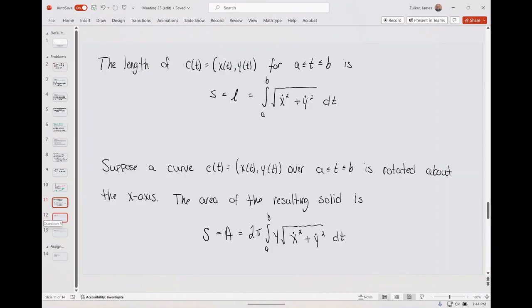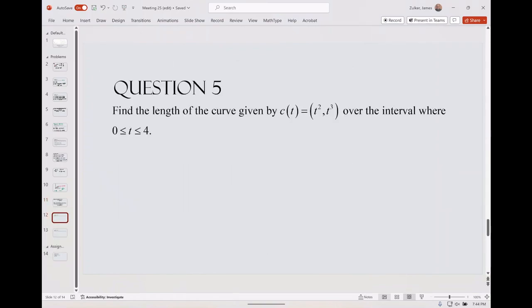Okay, so real quick. Length of this curve over the interval 0 to 4. This is probably all I'm going to have time for. Length. Integral from 0 to 4 of the square root of x dot squared plus y dot squared dt.